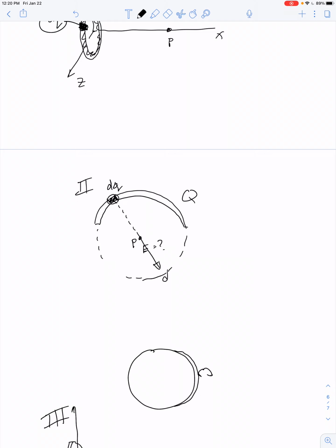Well, it would be a little bit of the overall electric field pointing down and to the right, and according to Coulomb's law, that little bit of the overall electric field could be calculated as k dq over, we call this distance r, so over r squared.